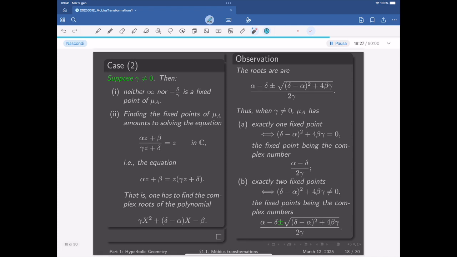Now, in the other case, if gamma is not 0, then infinity is not a fixed point. I already justified that. But also, this one is not a fixed point, which is going to be irrelevant for the rest of the argument. But it's a good exercise to see why. Why is this one not a fixed point?